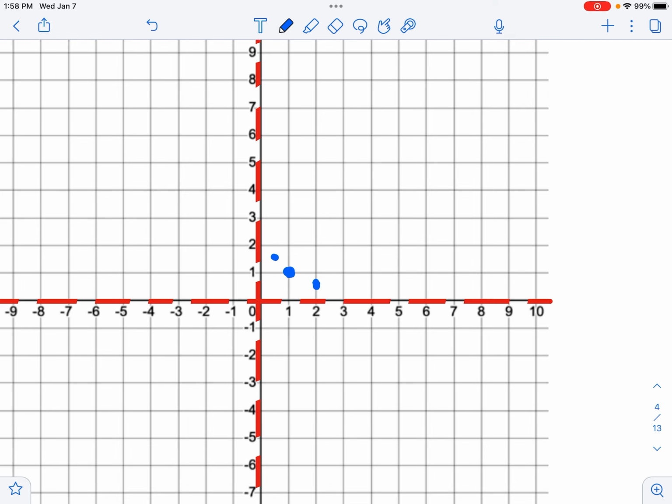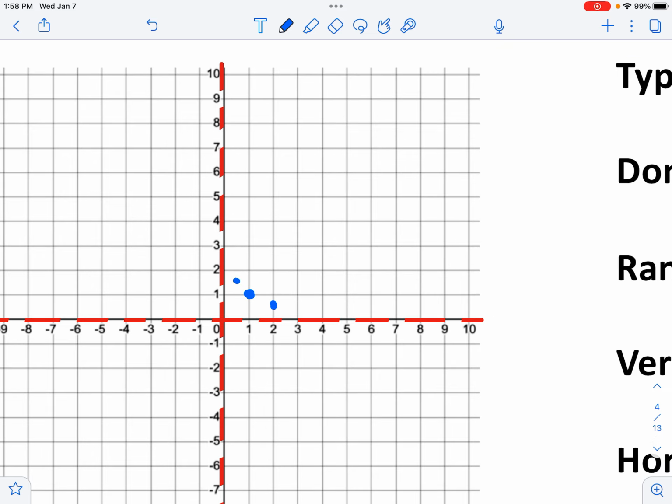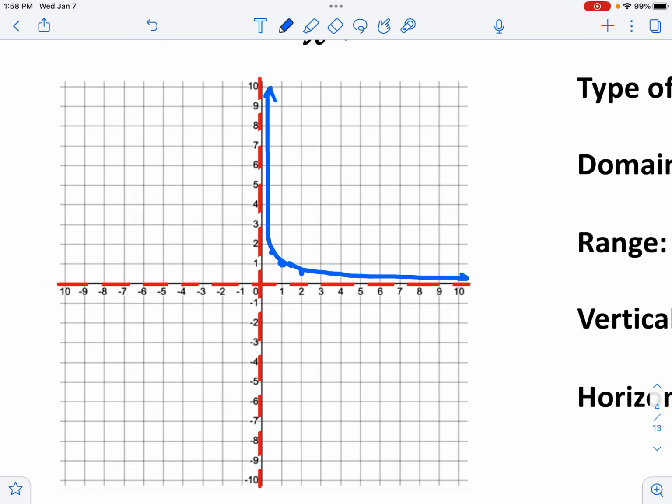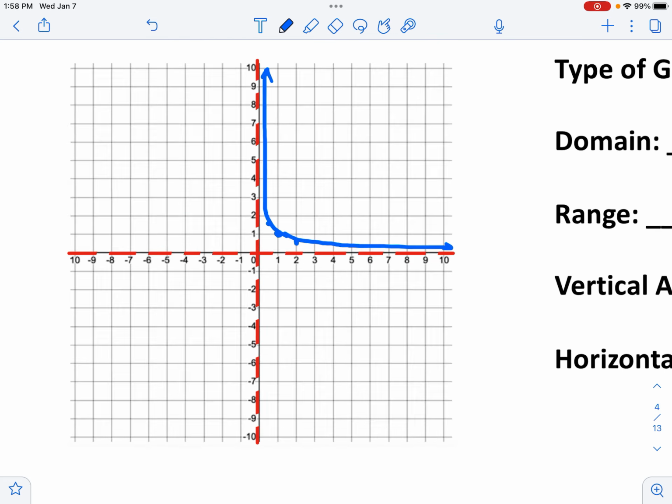And basically what happens is, let me try to draw this a little bit better. We'll see how that goes. I get this curved sort of line on this branch that gets close but doesn't quite reach those asymptote lines. And then the same thing happens on the other branch.